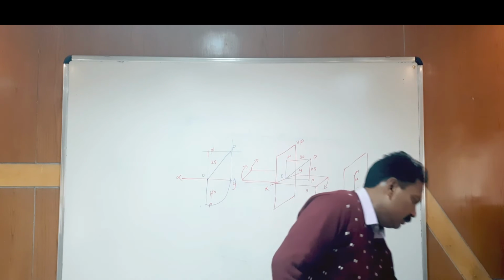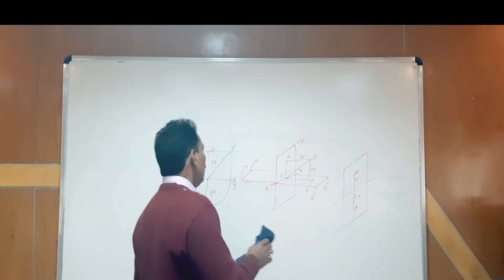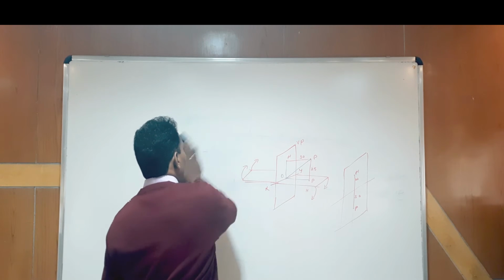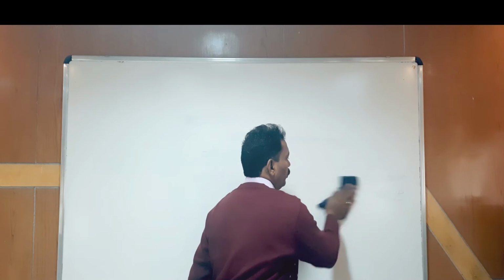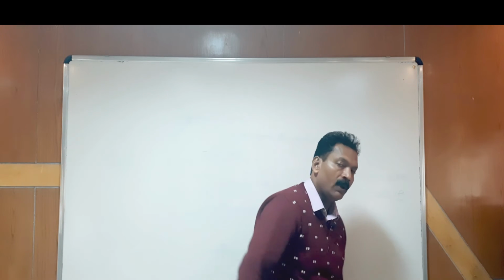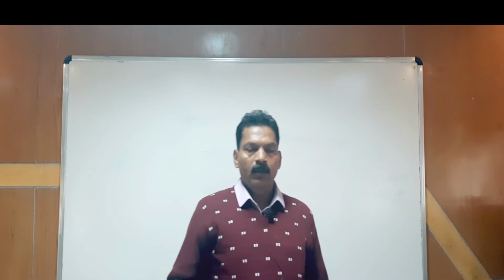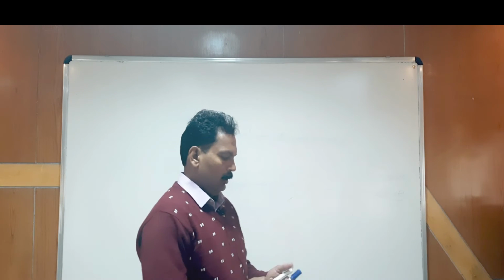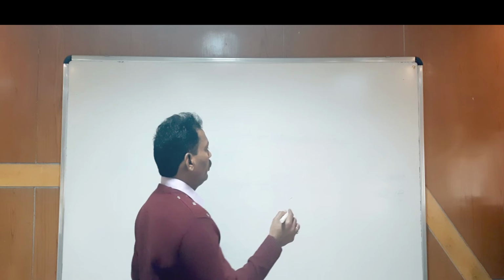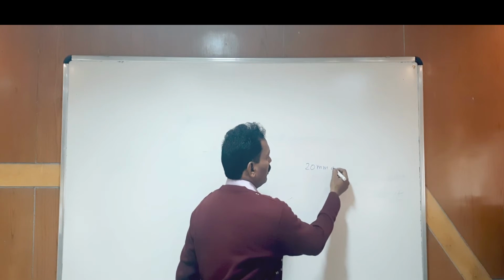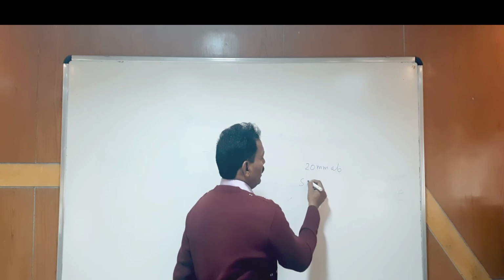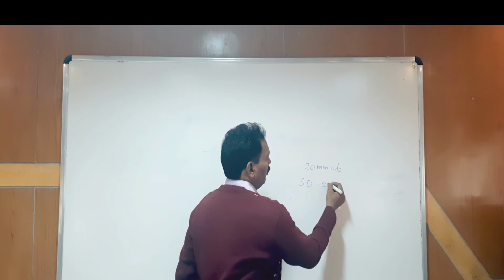Sometimes the shortest distance and the location of the front view are given, and you are to find out the position of the top view. In that case, the problem is like this: the point is 20 mm above HP and the shortest distance is 50 mm.